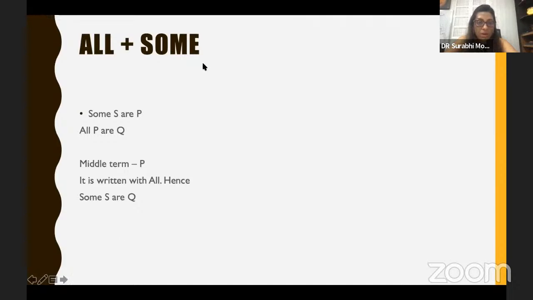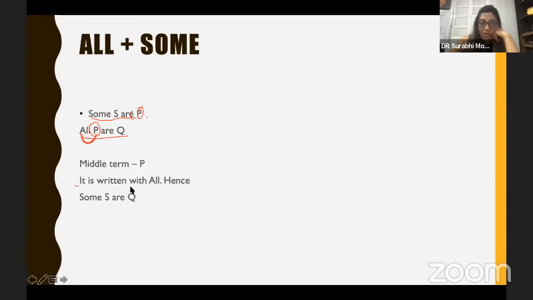combinations. All and some. Now, naturally, in all and some, you only have these two statements, and whatever is written with some cannot be distributed. So you have to ensure that the middle term, which in this case is P, is always the subject of all.